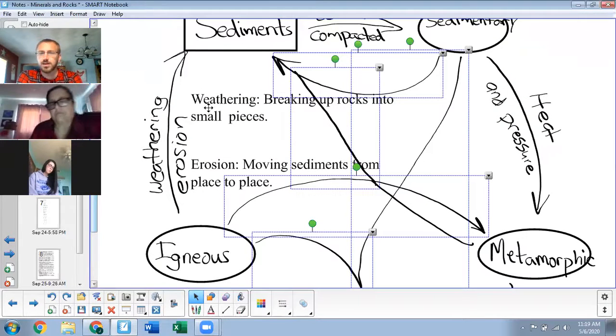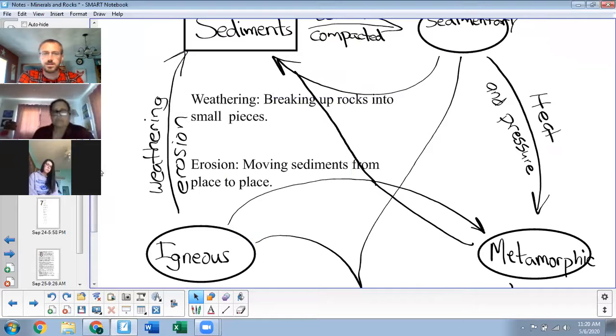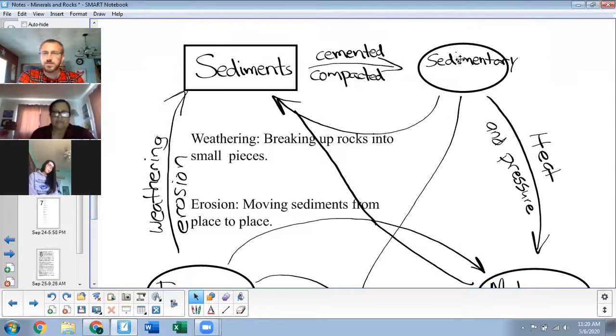But what we can really have happen here is if a sedimentary rock has rain hitting it again, like it probably does if it's on the surface of the earth, or if it's going through freezing and thawing, it can break up into small pieces again.